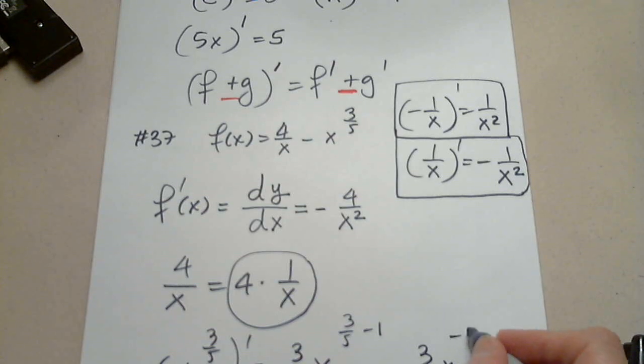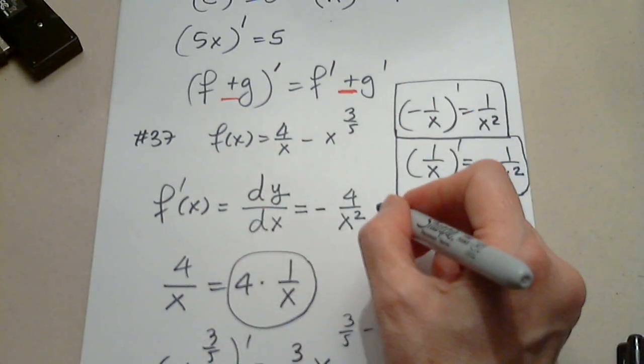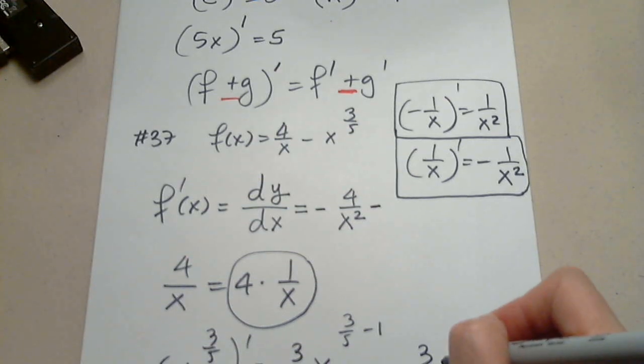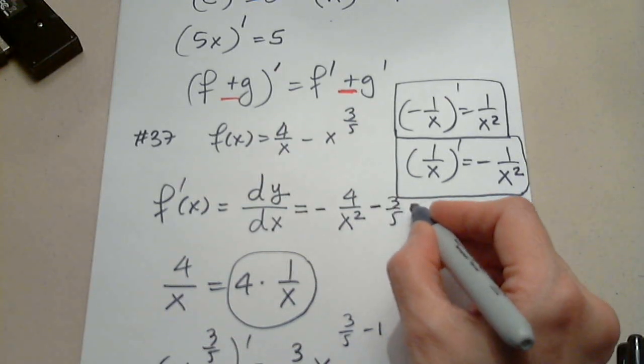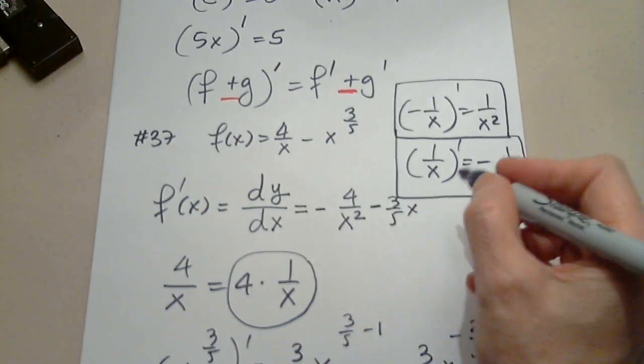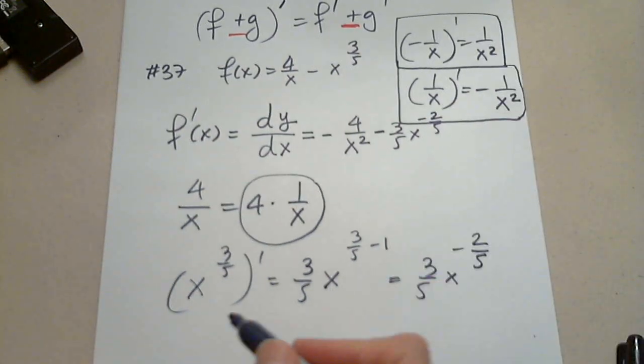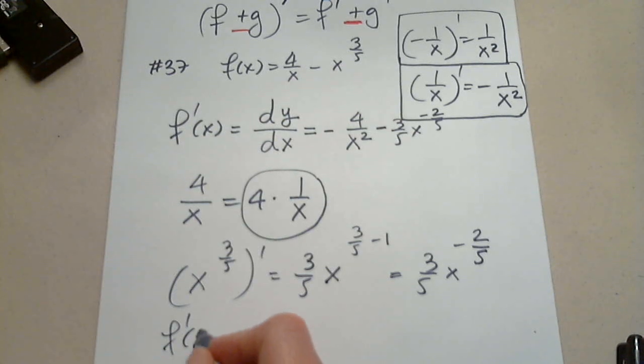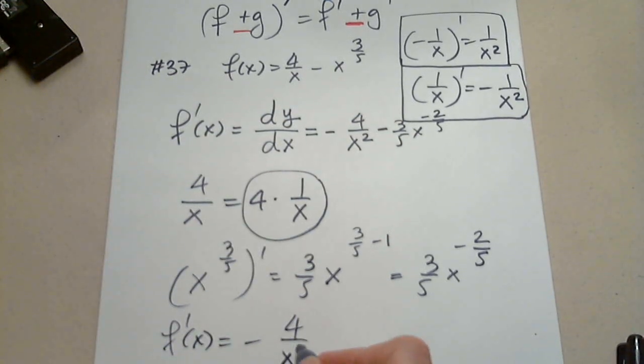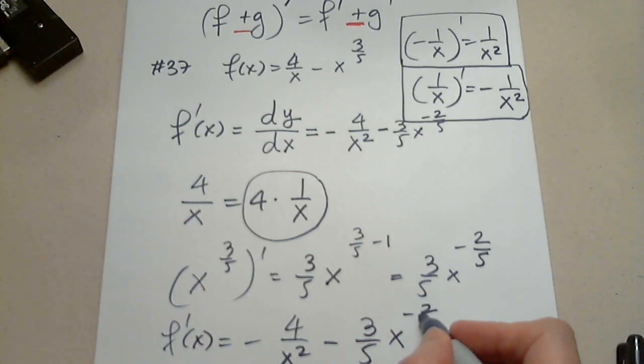So this is negative 2/5. So minus 3/5. Of course, I'm crashing here. And I'm going to write it again because it's not clear. So f prime of x is negative 4 over x squared minus 3/5 times x to negative 2/5.